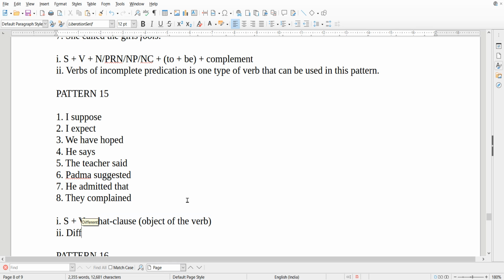A different type of verb may be used in this pattern. I would suppose that is generally omitted, especially in spoken language, so I'll include it in brackets.